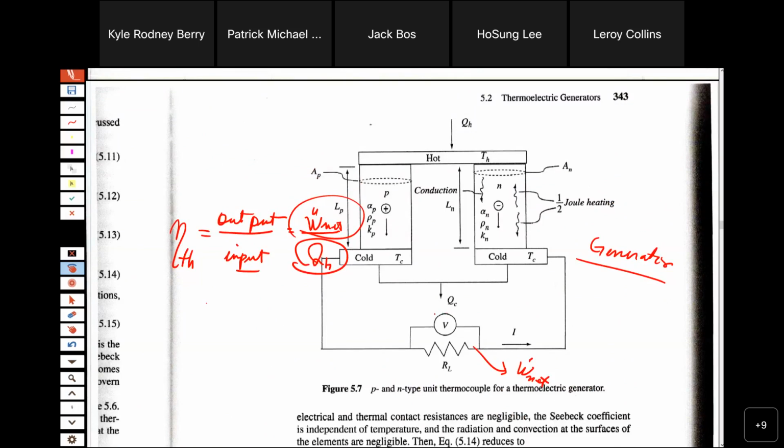Would it be voltage divided by resistance?